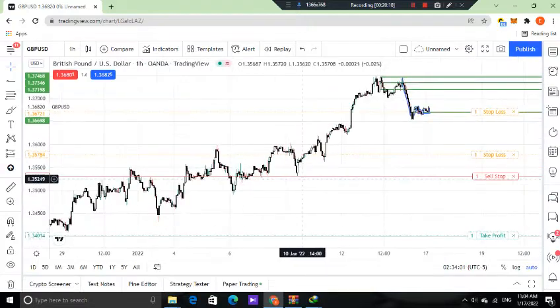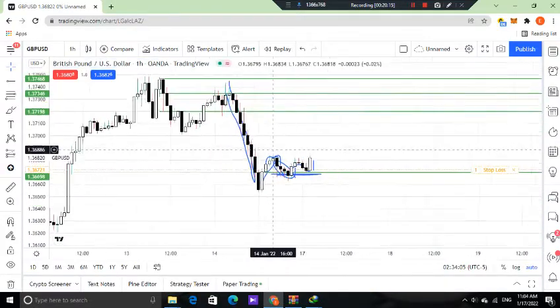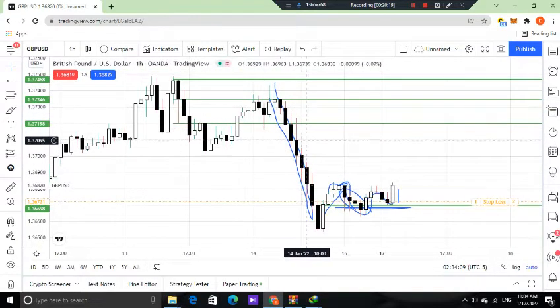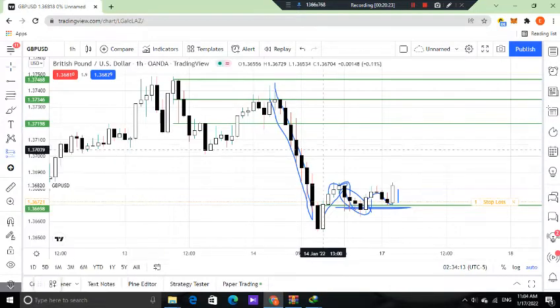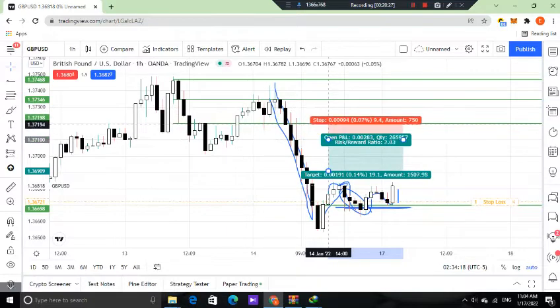If we have a trend, we enter the position after a pullback. But we don't have any pullback here, so we can enter the position at the close of the previous candle. That's it. It's not hard.